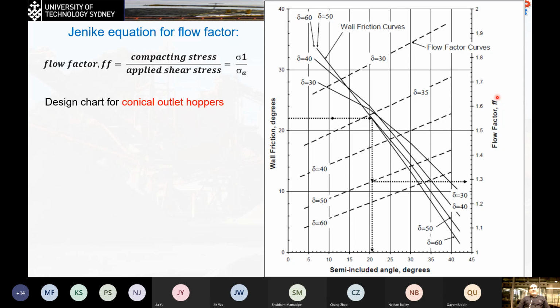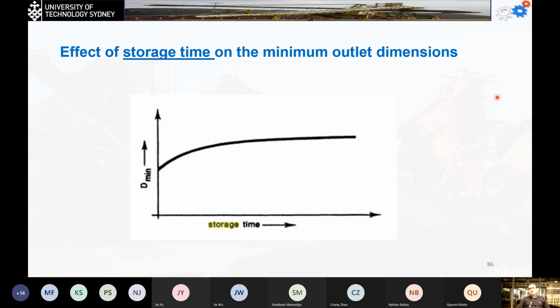So we said earlier that as time passes, consolidation will be happening, and thus we are going to require a bigger diameter as the storage time gets longer.